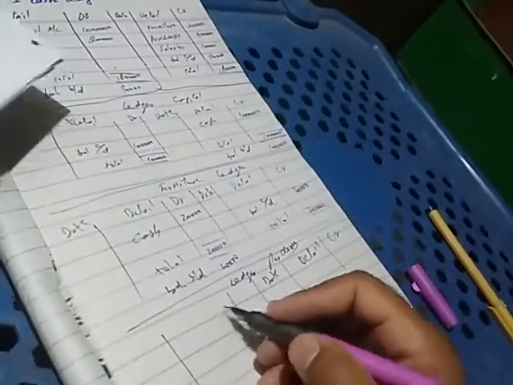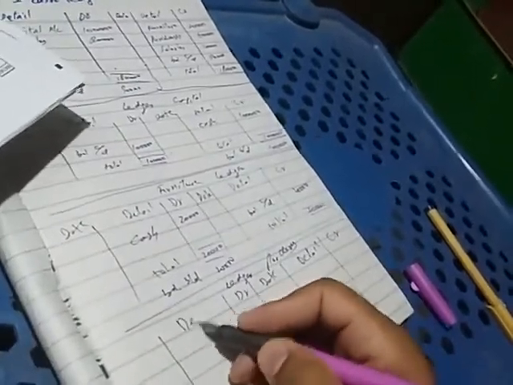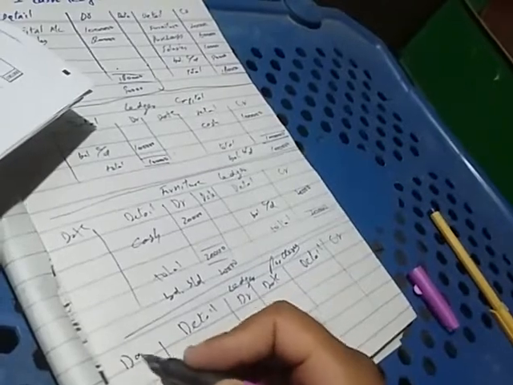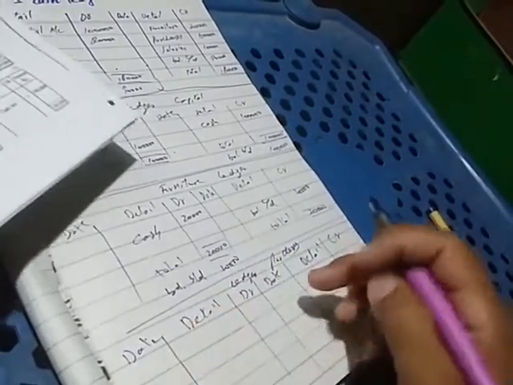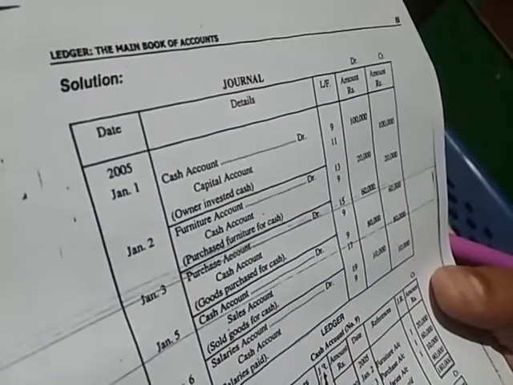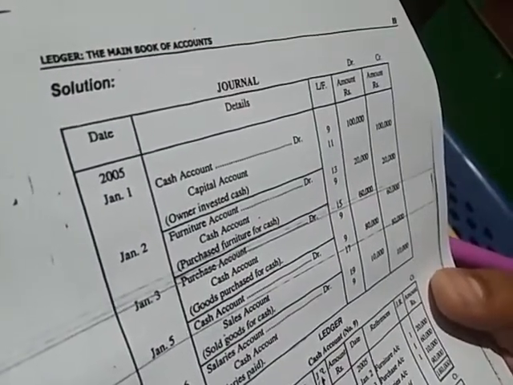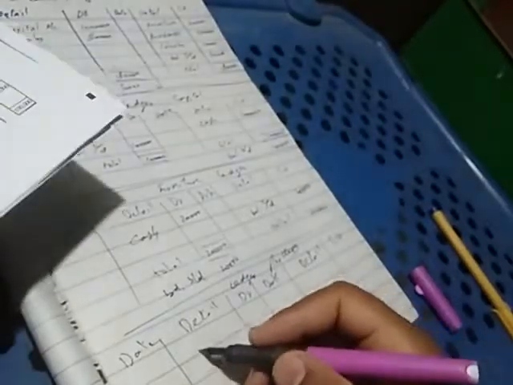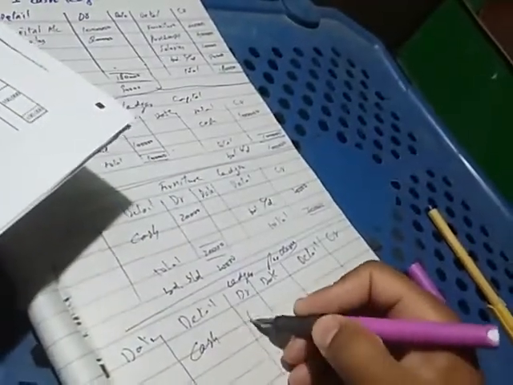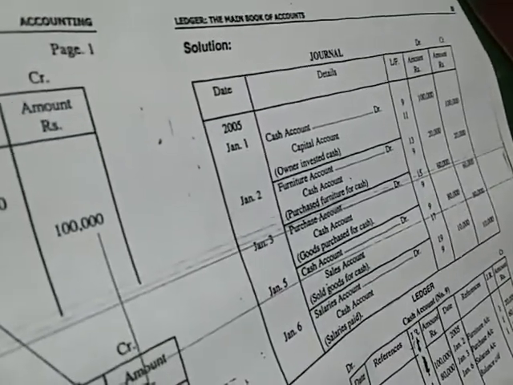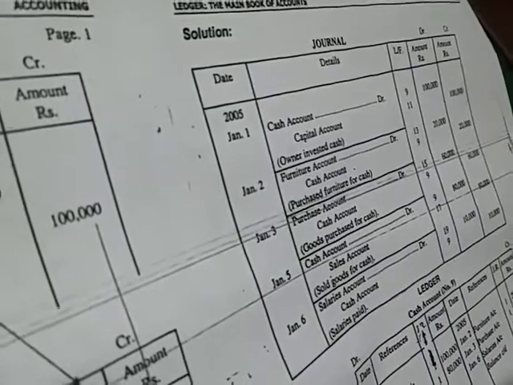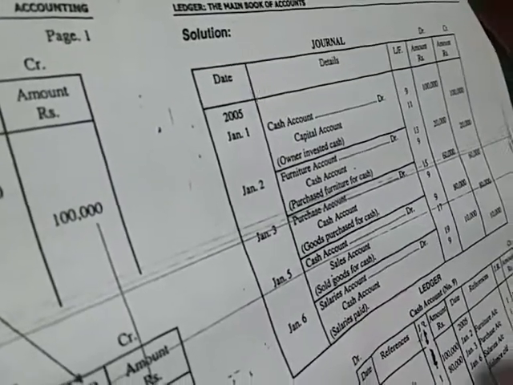Now, in the ledger of purchases, you can see that purchases is debited due to cash of 60,000. Okay, next purchases is not used in any of the entries, so we find the total over here.